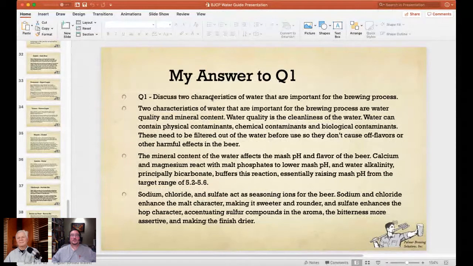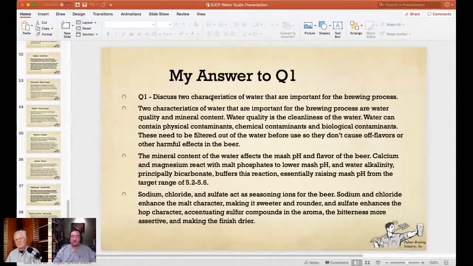Question 1: discuss 2 characteristics of water that are important for the brewing process. I would say 2 characteristics of the water that are important for the brewing process are water quality and mineral content. Water quality is the cleanliness of the water. Water can contain physical contaminants, chemical contaminants, and biological contaminants. These need to be filtered out of the water before use so they don't cause off flavors or other harmful effects in the beer. The mineral content of the water affects the mash pH and flavor of the beer.